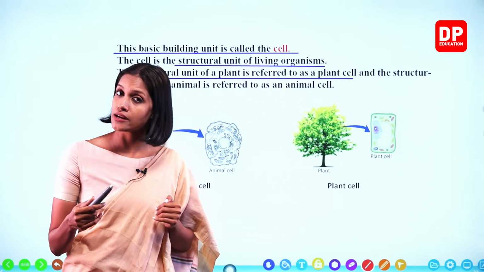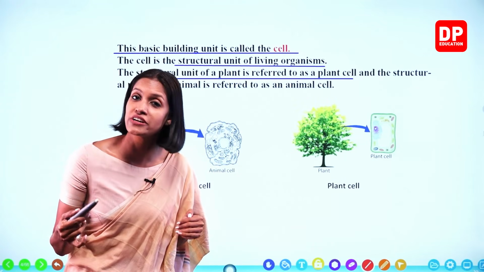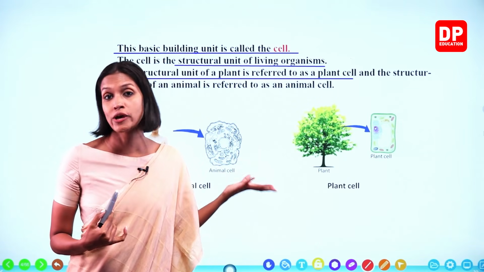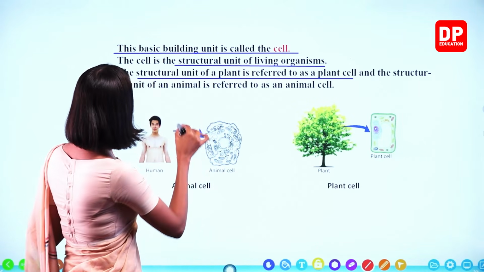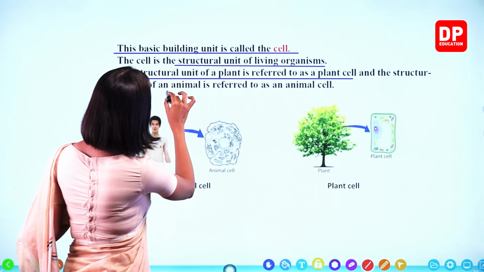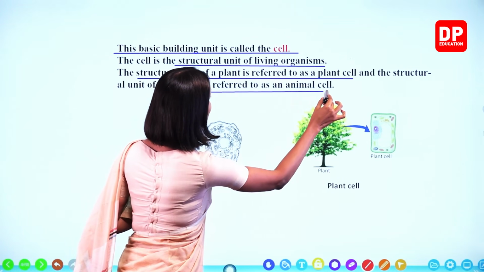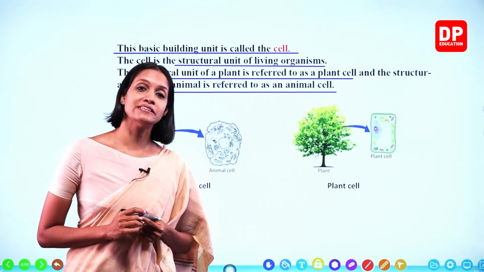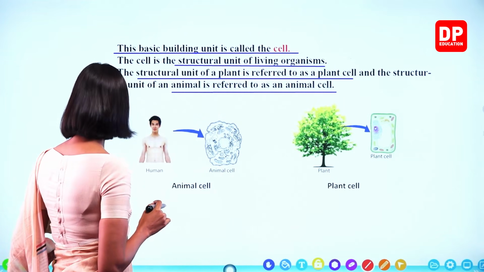But in the upper grades, we are going to learn the differences between these 2 types of cells. And there are similarities too, as I mentioned. Right, children? Okay, we'll move on to the next.